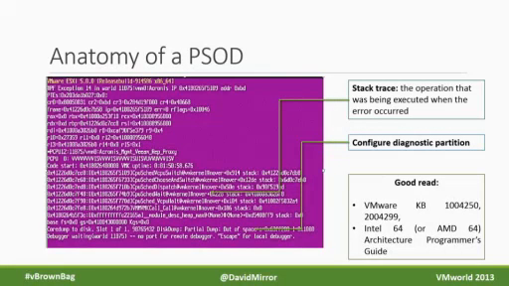So the real history behind this particular PSOD that you can see on the screen happened to one of our servers in one of our data centers. I won't name the vendor, but it's the one with H. After we followed all vendor recommendations regarding firmware and driver updates, the server began to experience PSODs every 2 to 4 hours. And for 1 week, we had no clue about what was happening inside the host.